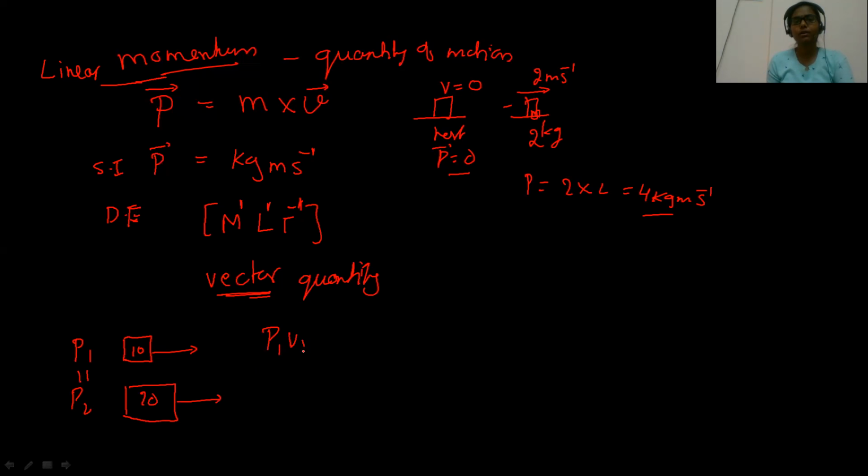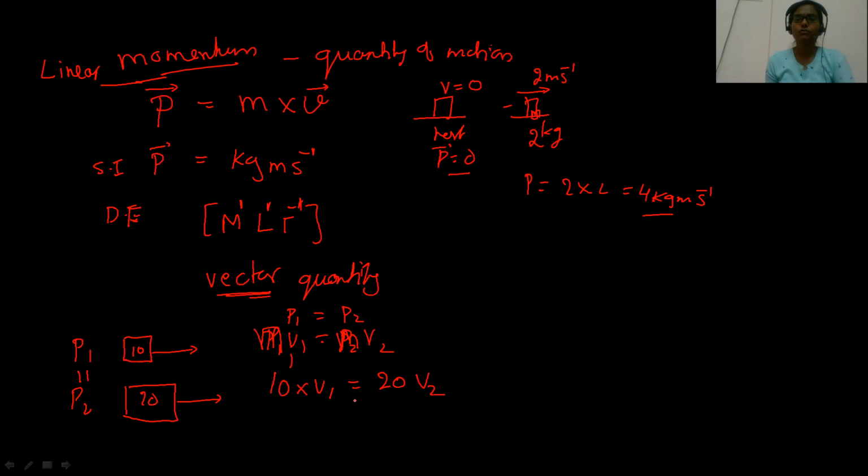So P1 equals P2, which means M1 V1 equals M2 V2. M1 is given as 10 kg, velocity we need to find, and M2 is 20 kg with velocity V2. Understood? Since the momentums are equal, we are going to use this idea.